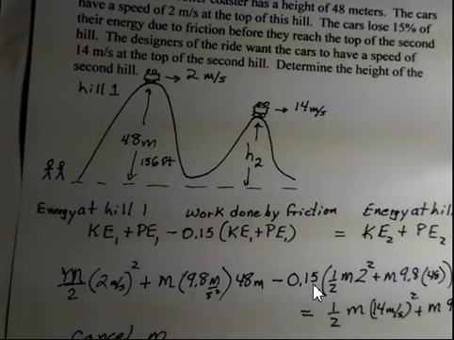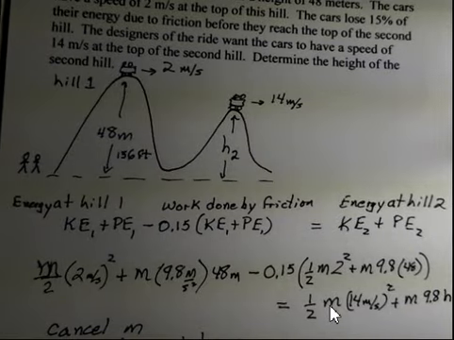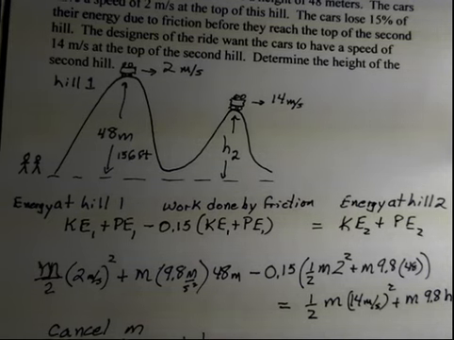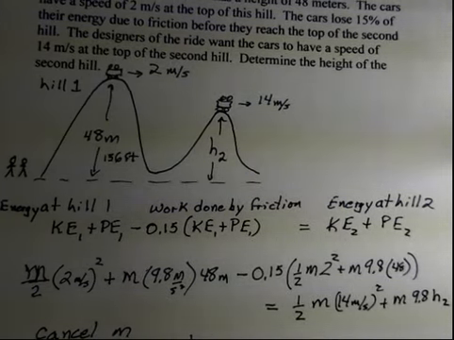Then we subtract off 15% of that same calculation, 1/2 mv squared plus mgh. That will equal then 1/2 mv squared at the top of the second hill, where the v is now 14 meters per second, and we have mg and h2 for the height of the second hill.